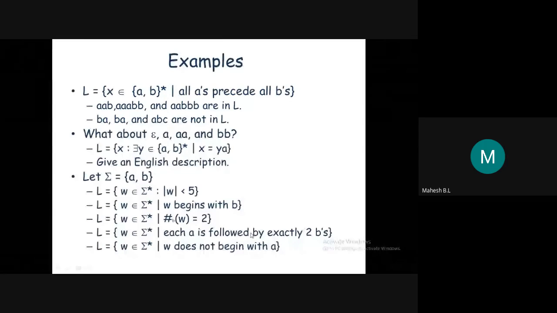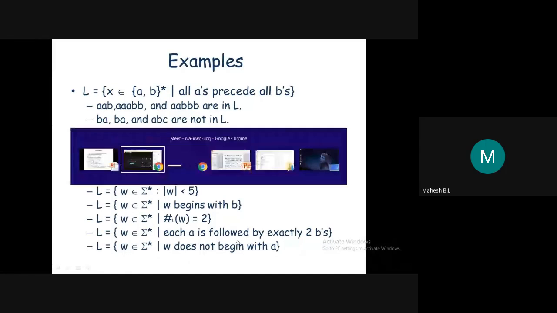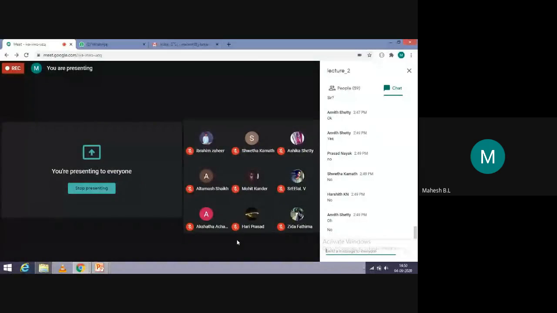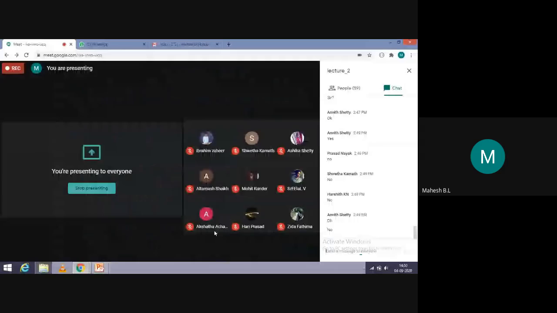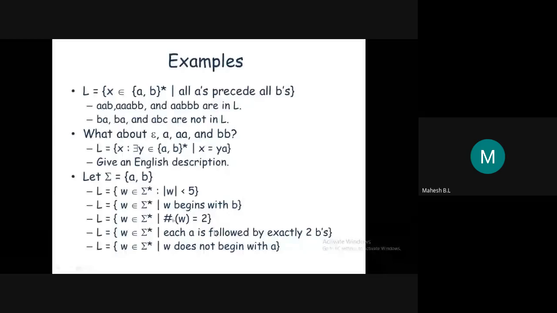Each A is followed by exactly two B's. Whether epsilon belongs to this language, the fourth one. Whether epsilon is a part of this language, where each A must be followed by exactly two B's.